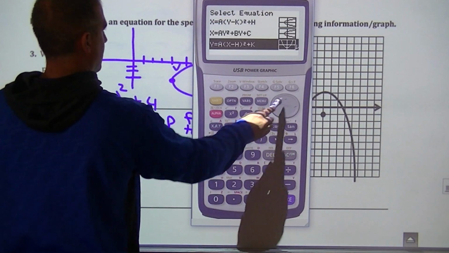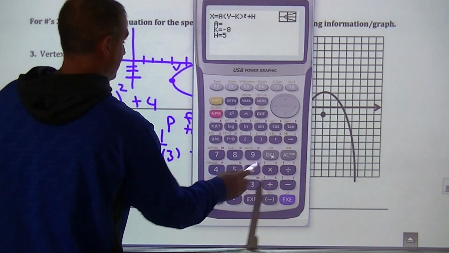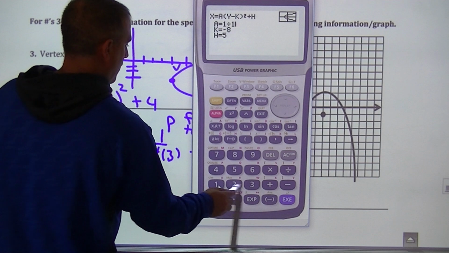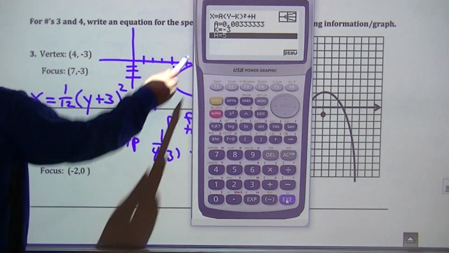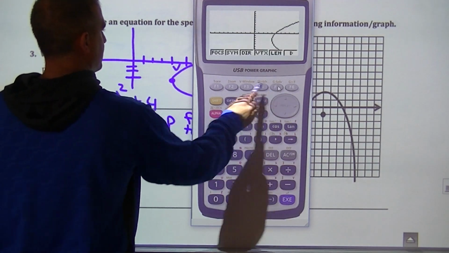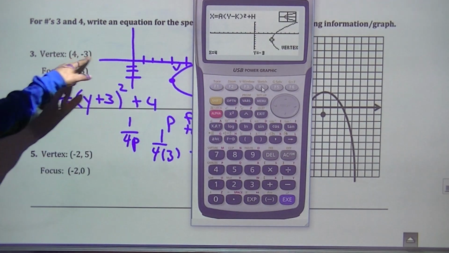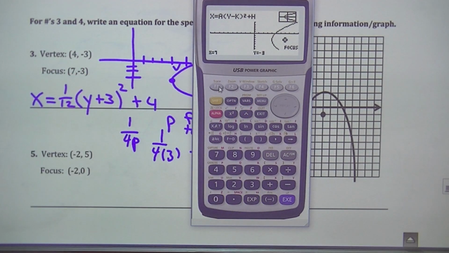All right? If you go back into this, I put 1 over 12, 1 divided by 12. I put -3. It's okay that turns to a decimal. And I put 4. All right? The idea here is G-solve vertex. It fulfills that. G-solve focus. It fulfills that. So a way you can double check.